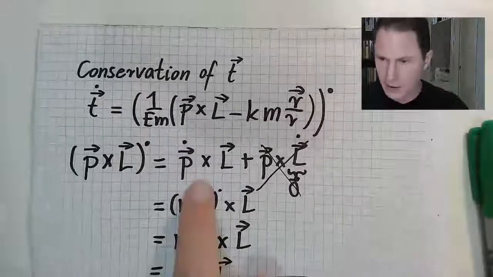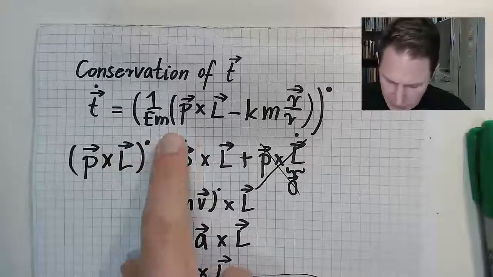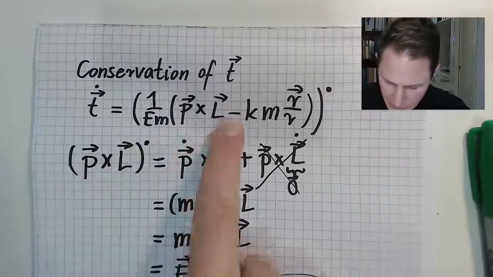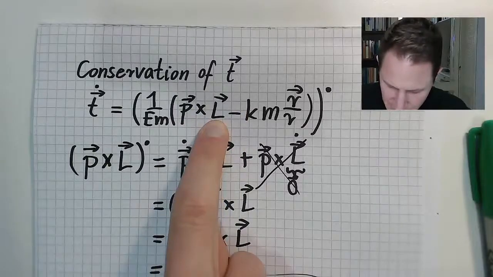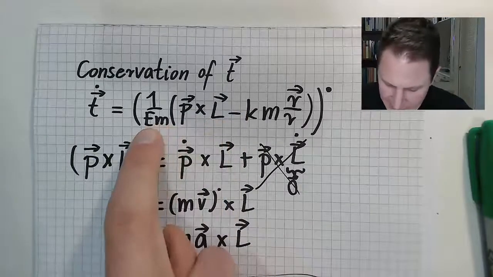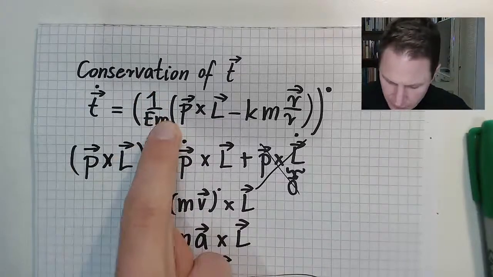Let me see if I can show you this vector t, so we want to calculate the rate of change of this vector, but the first term was p cross L. Of course, E and M were constants, so we don't have to worry about that.